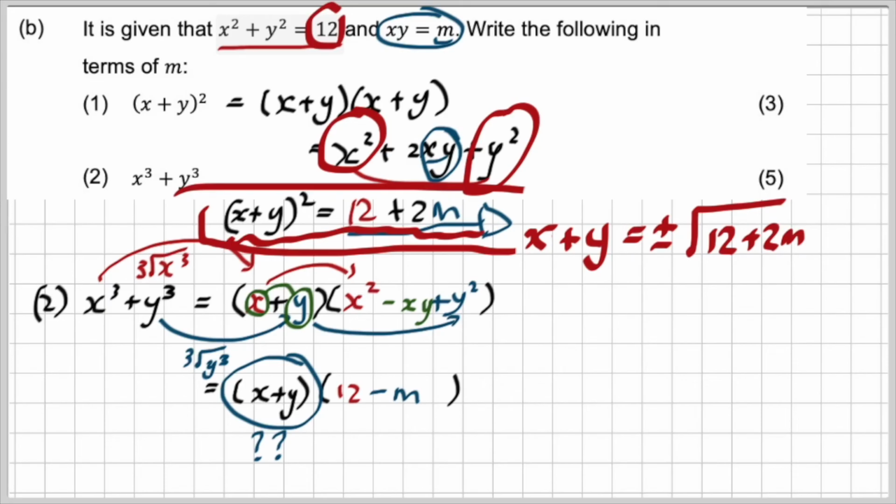Remember, when you take a square root, the answer is plus or minus. So therefore, I can replace that front bracket with plus or minus the root of 12 plus 2M. And then I have my answer in terms of M. So I've got X cubed plus Y cubed with just numbers and M's in it. Oh, that was beautiful. Beautiful, beautiful, beautiful.